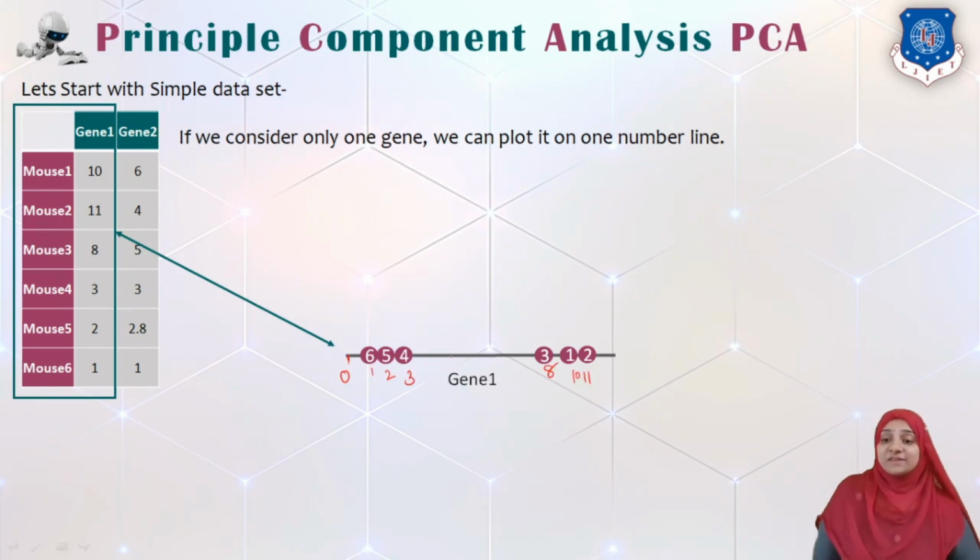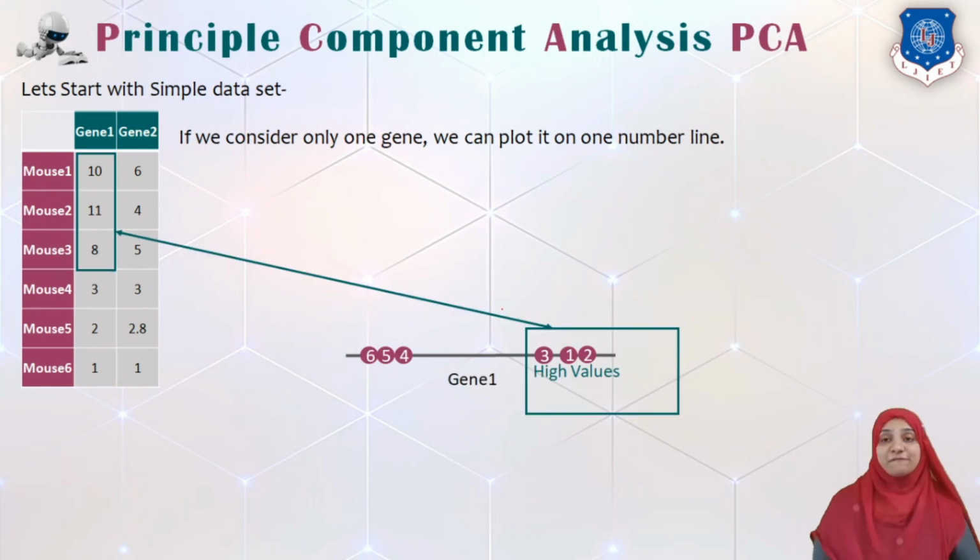Over this axis, mouse 1 is having gene value 10. So at scale number 10, at data point 10, we have mouse 1. Likewise, gene 1 value 11 is there for mouse 2. So for data point 2, mouse number 2, we have plotted it at the 11th location. Likewise, we have plotted 6 data points which are representing 6 different mouse.